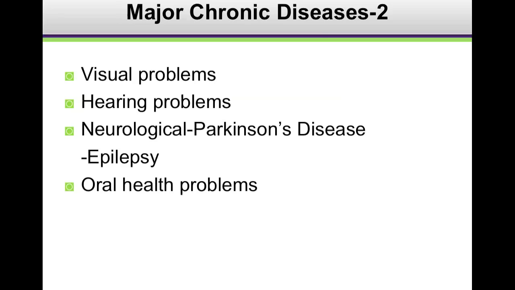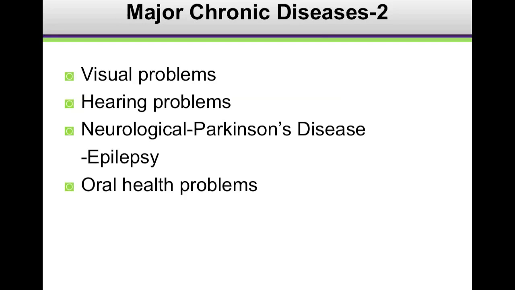Macular degeneration and glaucoma, if they are allowed to proceed, will lead to permanent blindness. Therefore, it's important that individuals who have got early visual problems have that checked out at an early age. All old people, once they reach the age of 65 or 70, should have a basic ophthalmological evaluation.